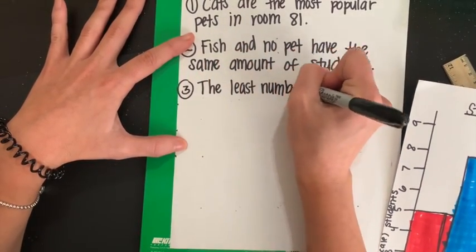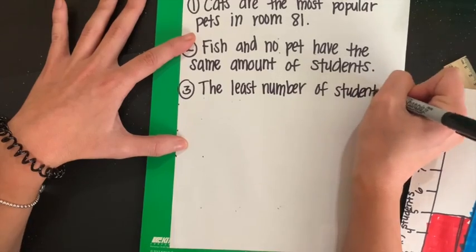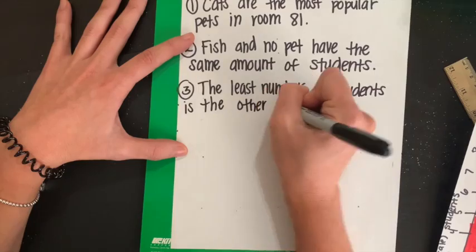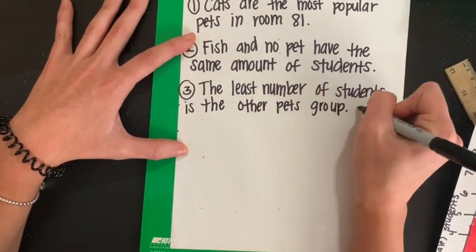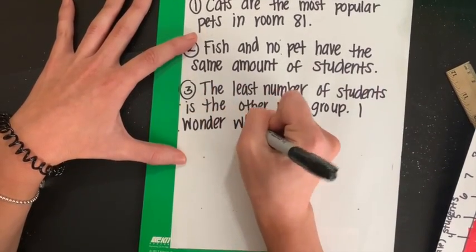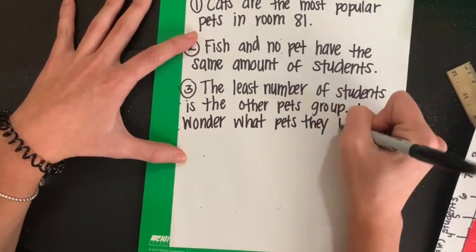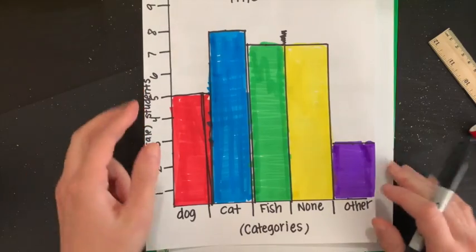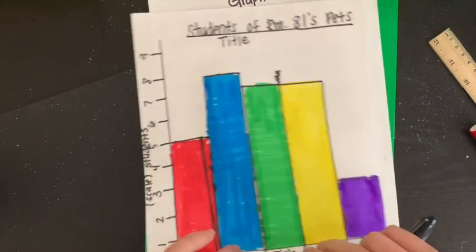The least number of students is the other pets group. I wonder what kind of pets they have. So this graph not only answers many questions, but helps me come up with more questions as well.